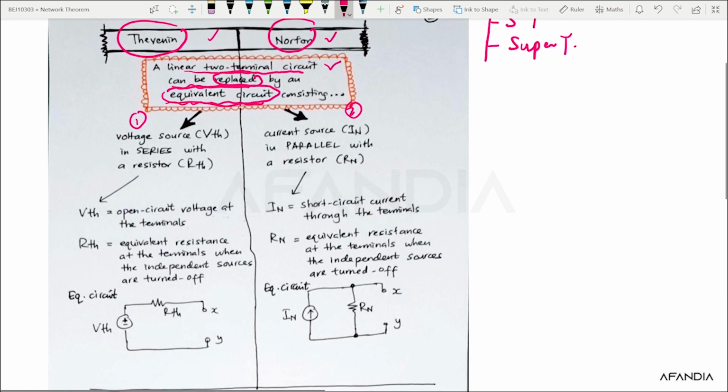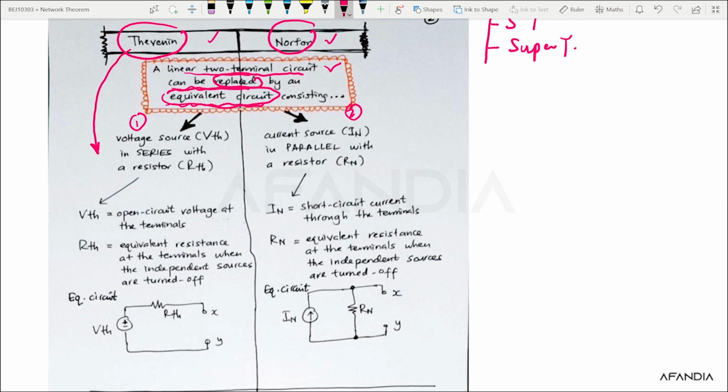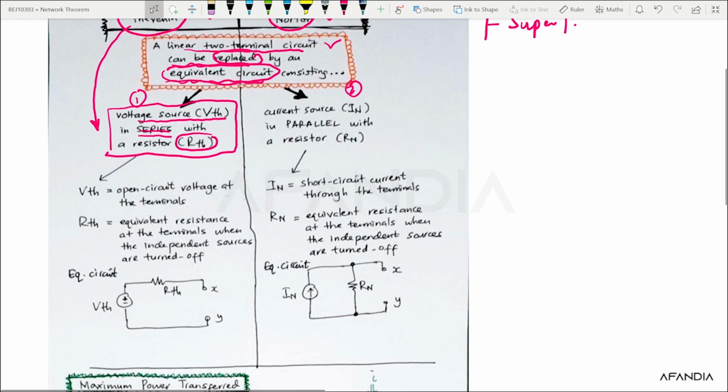If, for example, we discuss Thevenin's theorem, our equivalent circuit will be in this form, whereby your voltage source VTH is in series, you must remember, in series with a resistor that we call RTH.